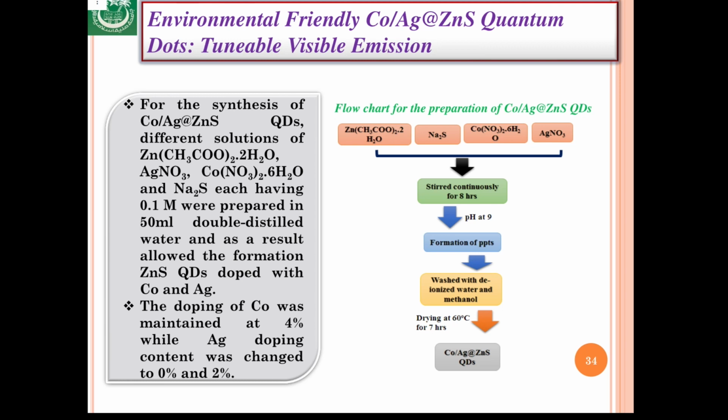As I discussed, this involvement of rare earth is a costly affair. Okay. So to avoid these rare earth incorporations, we synthesized these zinc sulfide quantum dots and doped them with cobalt and silver.